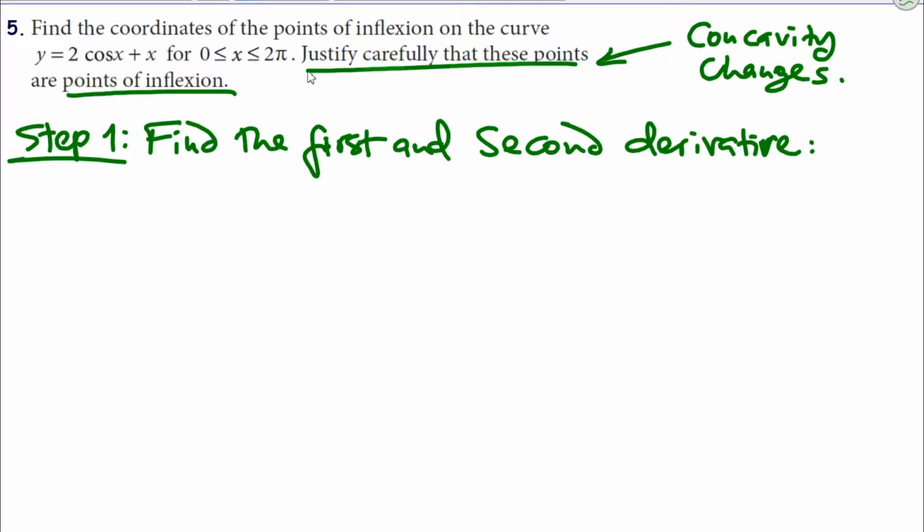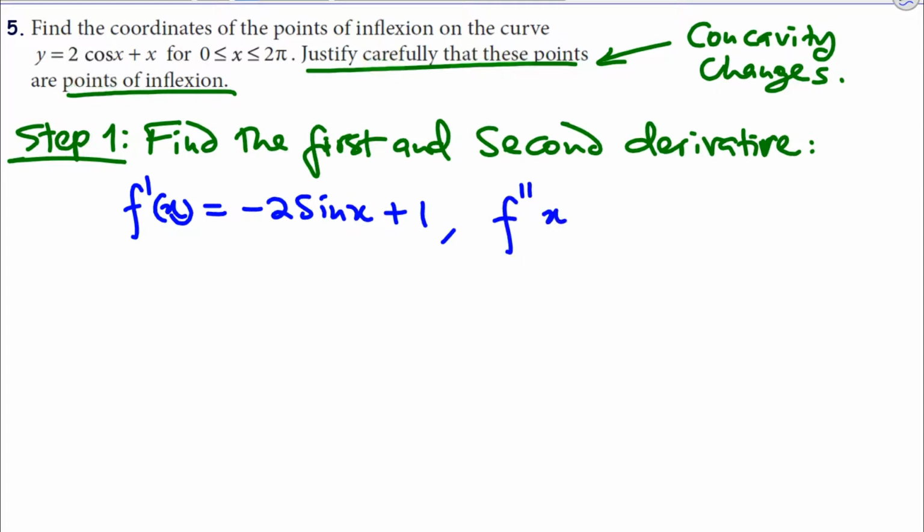So the first derivative just means we differentiate the original function, and what we shall end up with is negative 2 sine x plus 1. And then the second derivative will be negative 2 cos x. Okay, so we have that.